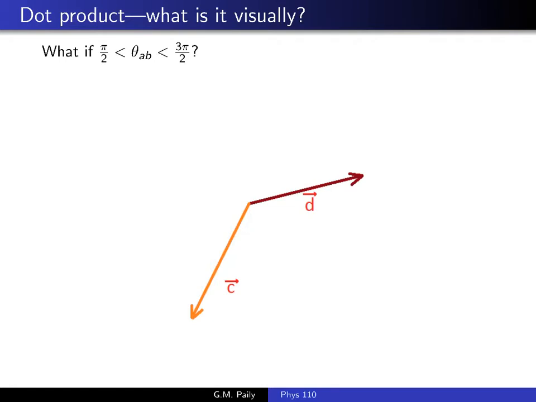But what if the angle between the two vectors is greater than 90 degrees? Here C and D have an angle between 90 degrees and 180 degrees.